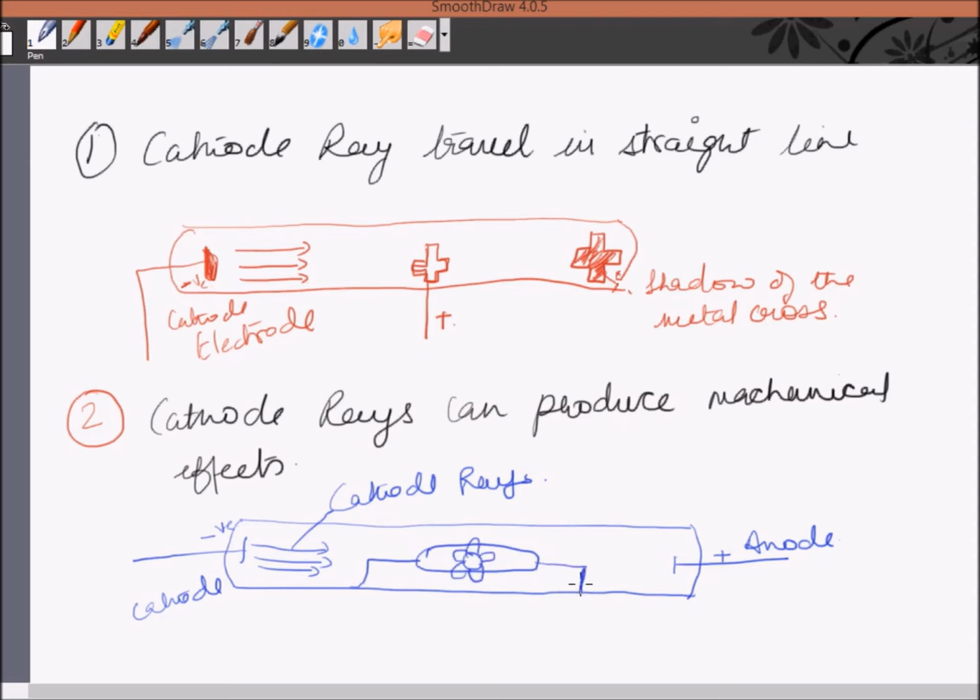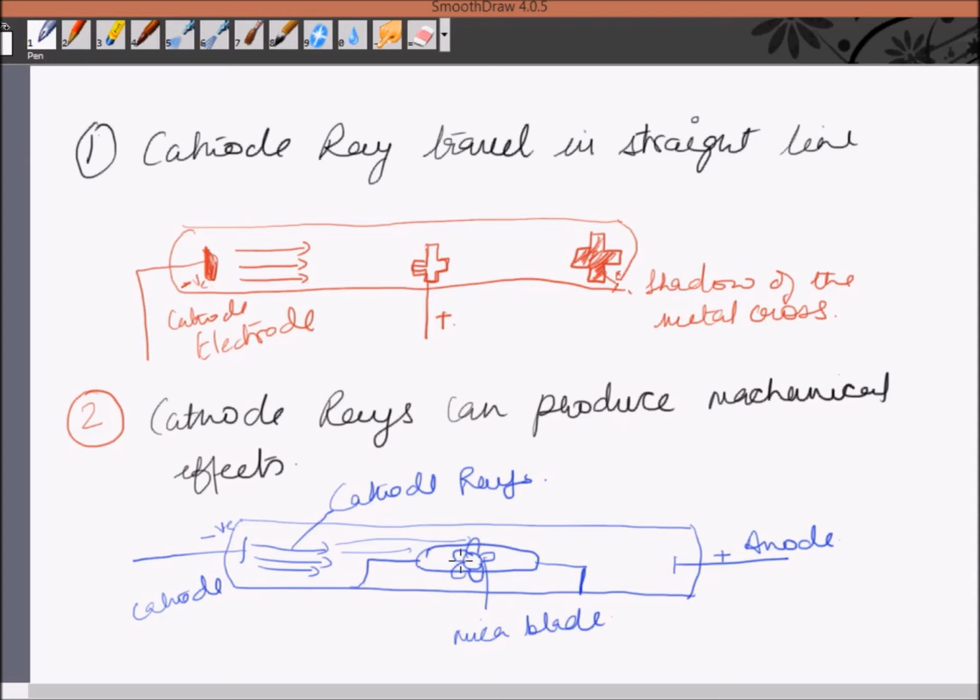So if a light paddle wheel has a mica blade, this is a mica blade, right? When the rays strike the upper part of the mica blade, what happens? The wheels start rotating, right?